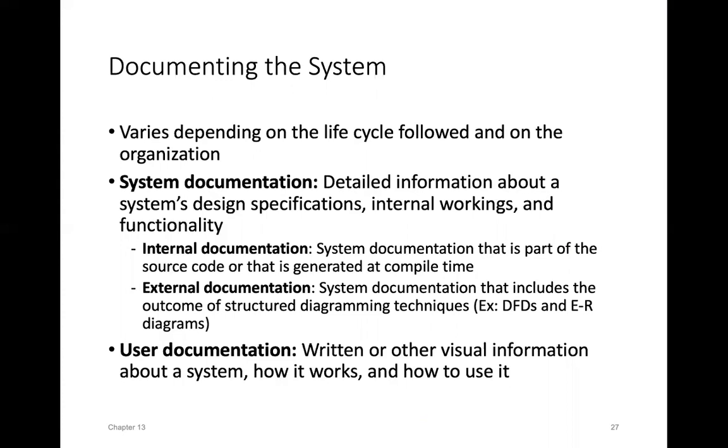Detailed information about a system's design specifications, internal workings, and functionality. In this context, we have internal and external. Internal is source code, or documentation generated when the source code is being compiled. External documentation is things like the structured diagramming techniques, the data flow diagrams, the entity relationship diagrams, and so forth.